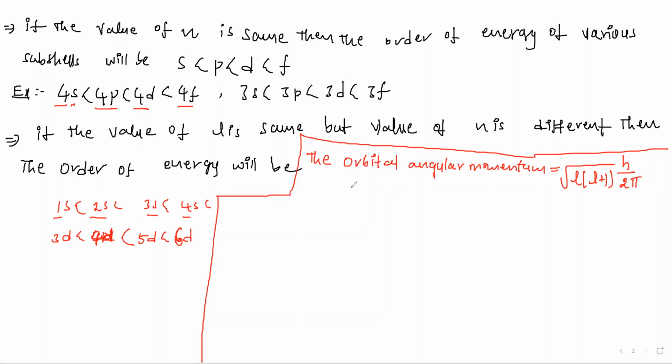This is the formula to calculate the orbital angular momentum, or square root of l into l plus 1 times h. These two are formulas; we can take either of them for orbital angular momentum.